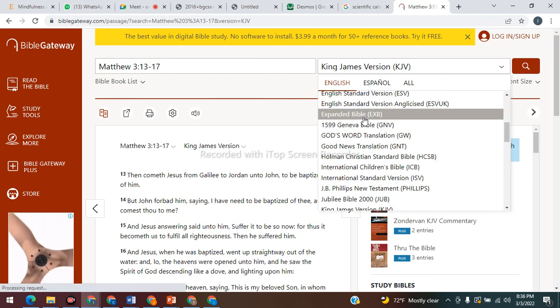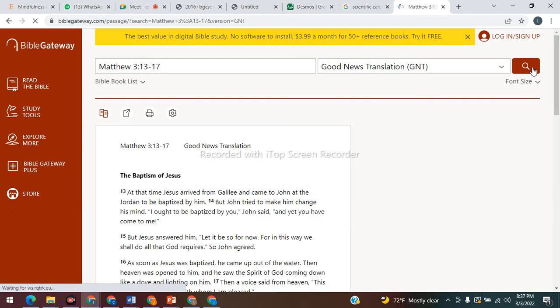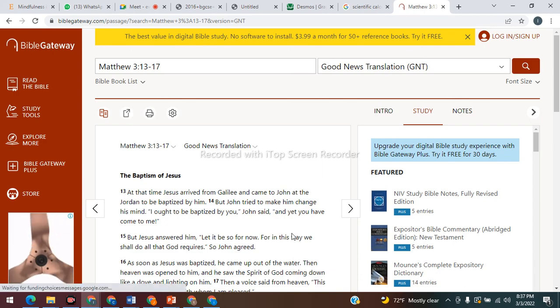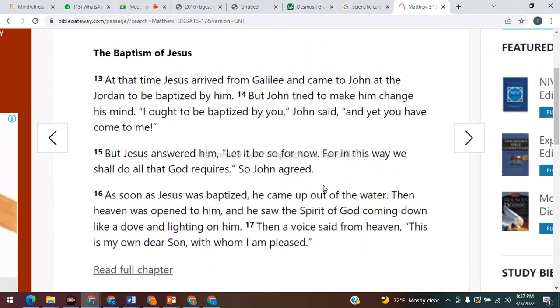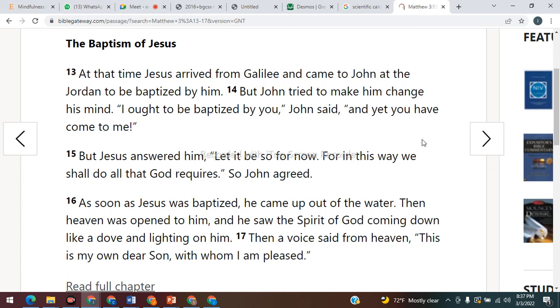Can you zoom in more so I can see properly, please? Sure. So you and Cooper are going to take it one verse at a time. So Cooper 13, you 14, and so on. Okay. So go ahead.